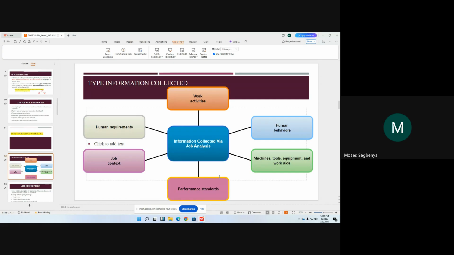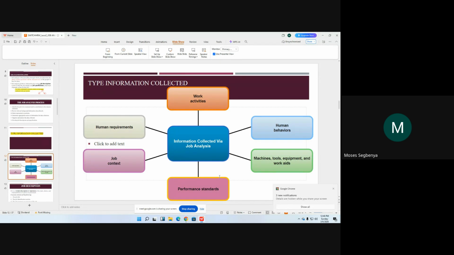Job context. The environment where the job must exist must be analyzed. So you need to be clear in your mind which kind of environment the job is going to operate in. Where is the school going to be situated? Which setting is it?